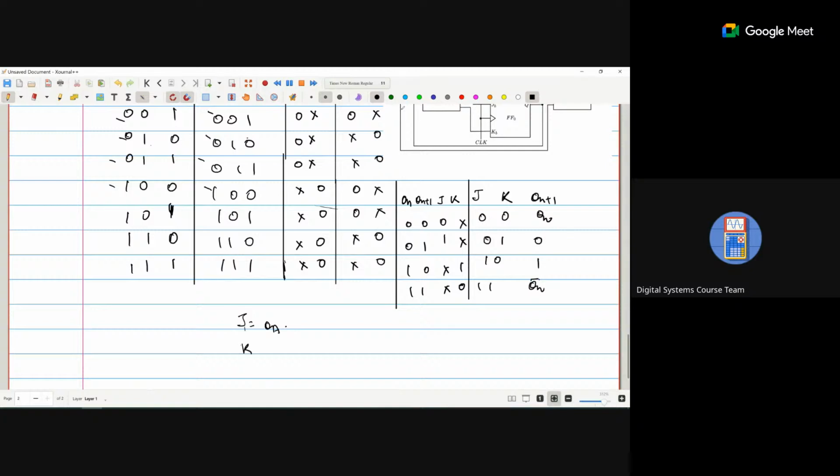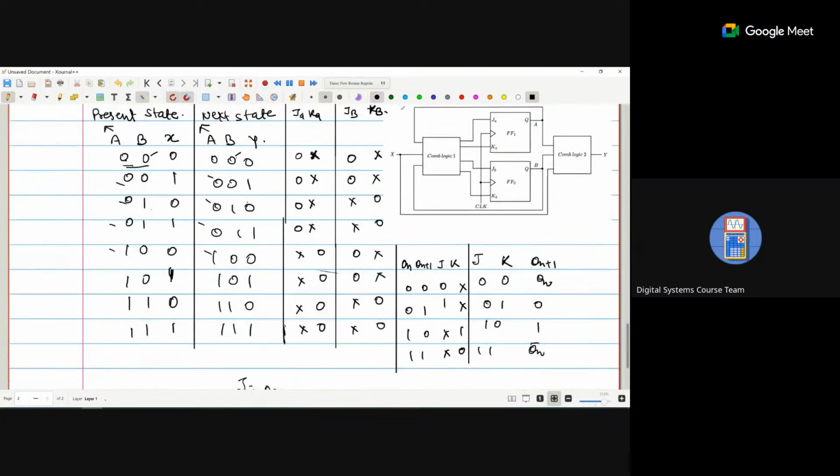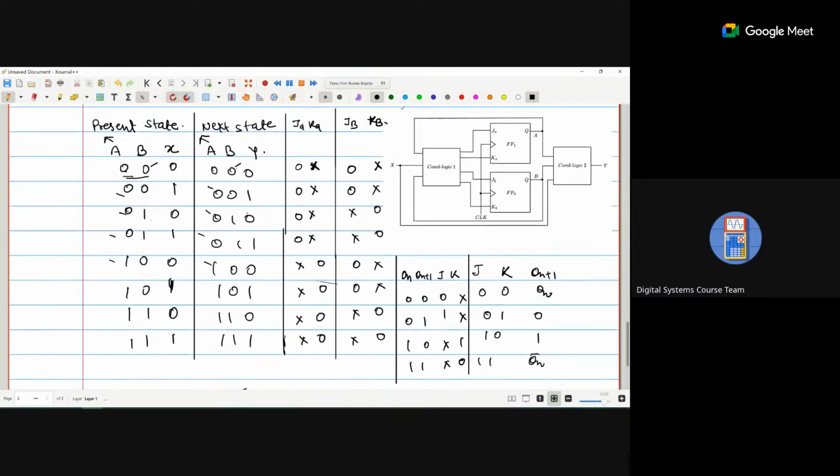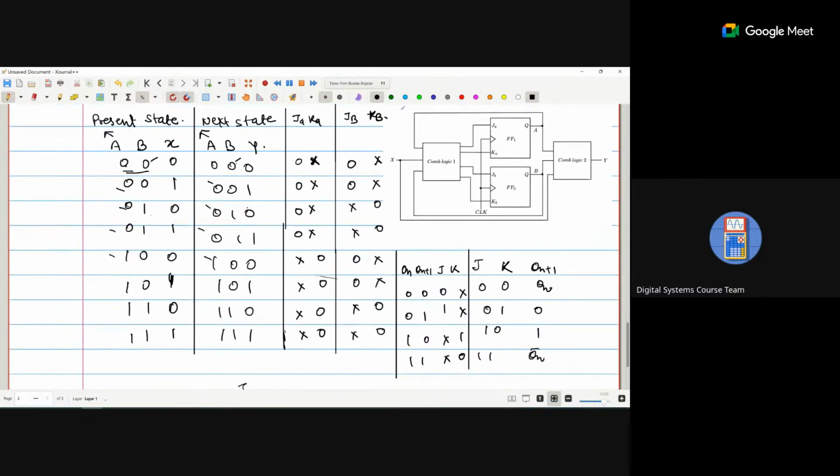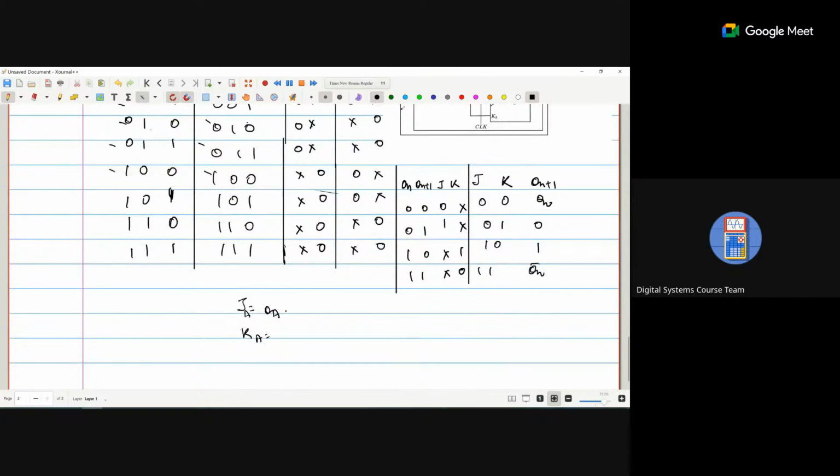For K, J, for K, what is for K? K, it is QA power. Okay, yeah.